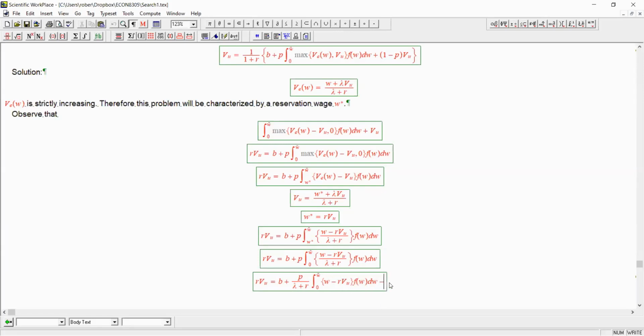To take it slow, we're going to end up with the following expression, where this is now just W. This is now just RVU. Of course, we can take RVU outside here. And the value of this is just 1. Now we can add this to both sides. Collect terms.